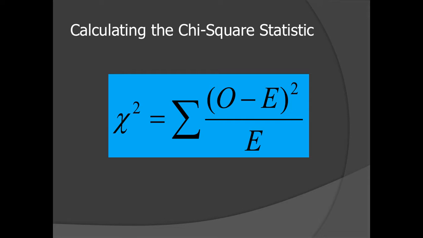You square those, divide by the expected frequency, and then add them up. So this is your chi-squared, right? O represents observed frequency, minus E represents expected frequency. For each individual data point, you're going to square it, then divide by the expected frequency, and then add them up. So I'll show you this calculation with an example question here.